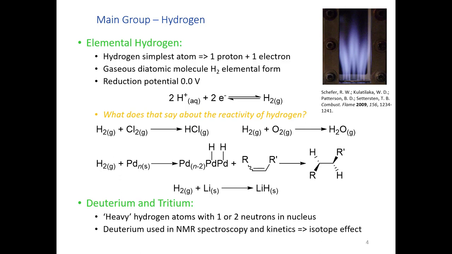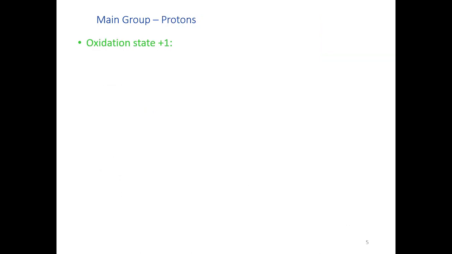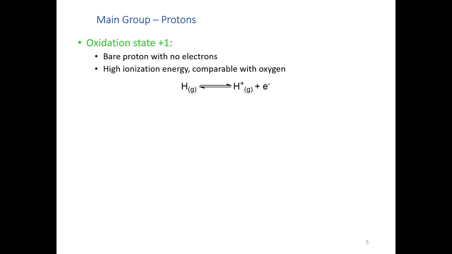Other than 0, what is the most common oxidation state for hydrogen? The answer is +1. What is unique about hydrogen in this oxidation state is that it is a bare proton with no electrons. If you look at a hydrogen atom, however, its ionization energy is very high, much higher than the rest of the alkali metals.